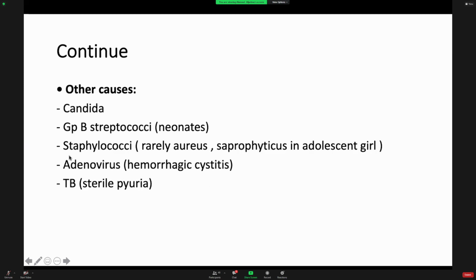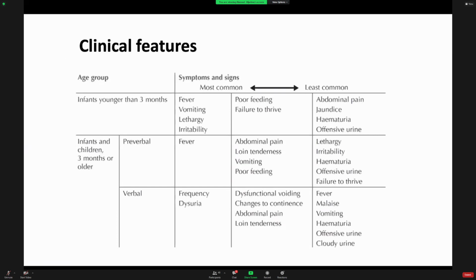As we mentioned in the common viral illness lecture, adenovirus can present with hemorrhagic cystitis, but mainly in immune-compromised patients. TB rarely presents with sterile pyuria. For clinical features of UTI, if the child is less than 3 months, they usually present with non-specific symptoms: fever, vomiting, lethargy, irritability, sometimes poor feeding.